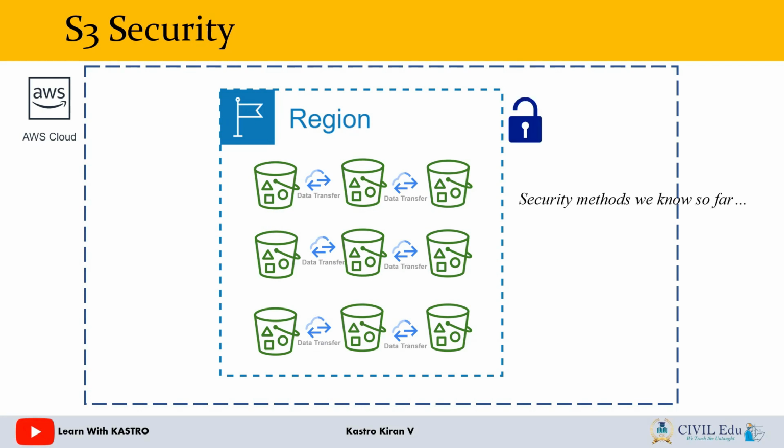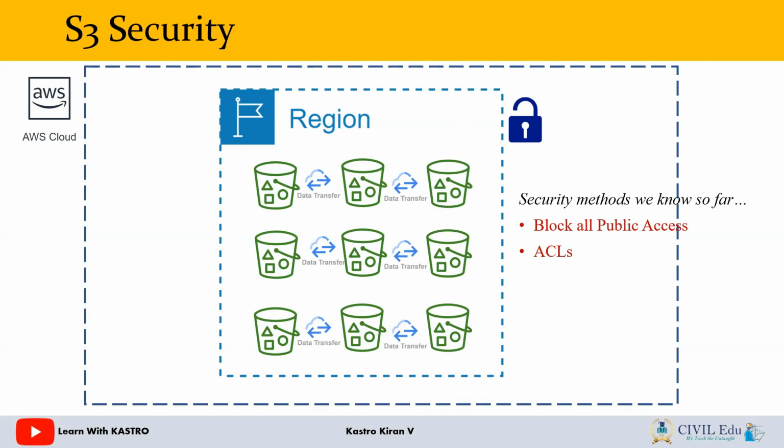So far, we have studied two types of S3 security methods. The first one is known as block all public access, and the second one is known as ACLs, that is access control list. So we have already talked about how to secure the objects that are available in an S3 bucket by enabling block all public access and by also enabling ACLs, that is access control list.